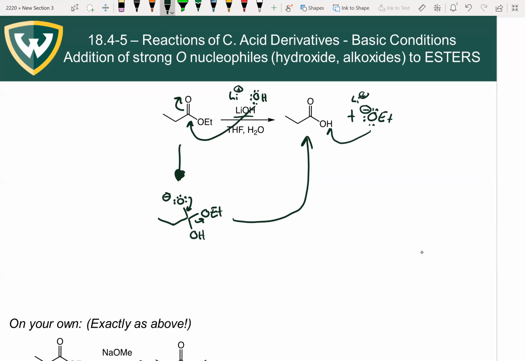So what really happens here is our real product, until we acidify, is going to be the lithium carboxylate and ethanol. And again, if this is unclear to you why this would be the case, analyze the pKa's and make sure you're comfortable with why ethoxide would quantitatively deprotonate this propionic acid, the product.